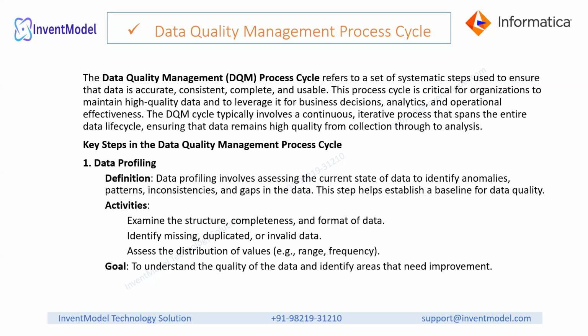Data profiling involves assessing the current state of data to identify anomalous patterns, inconsistencies, and gaps in the data. These steps help establish a baseline of our data quality. So what activity do we do in data profiling? We examine the structure, completeness, and format of the data.